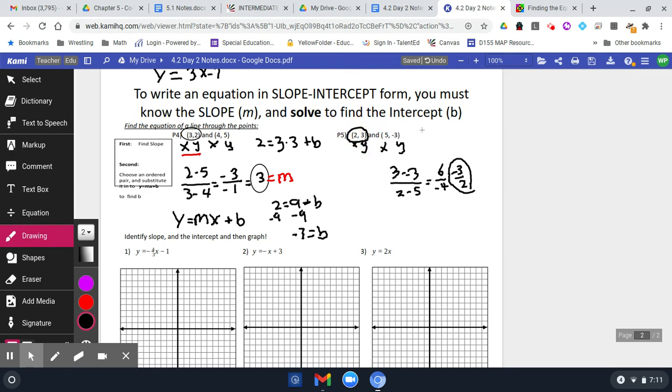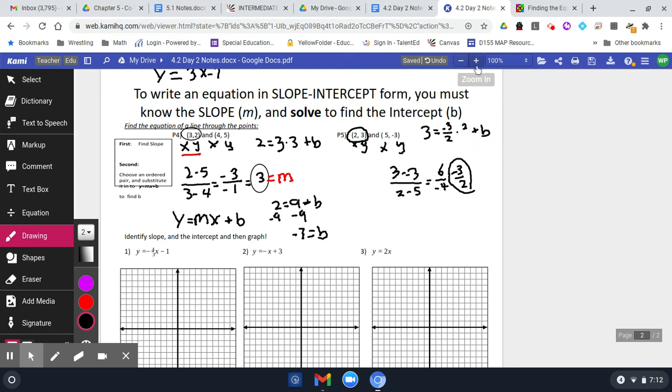So we have our y, this formula right here, y equals m, which is negative 3 over 2, times x, which is 2, plus b. Okay, now we're trying to solve for our b.